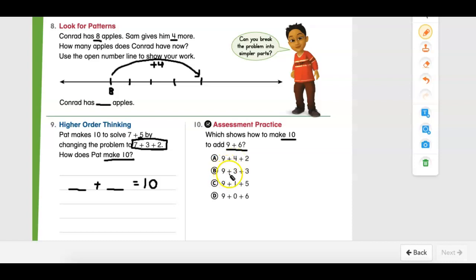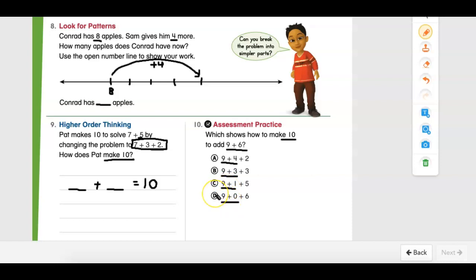Does 9 plus 3 equal 10? Does 9 plus 1 equal 10? Or does 9 plus 0 equal 10? We want to find the equation that will make 10 so that we can add the remaining numbers. So which of these problems show the first two numbers that will equal 10? 9 plus 4, 9 plus 3, 9 plus 1, or 9 plus 0.